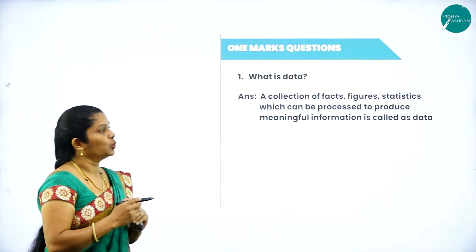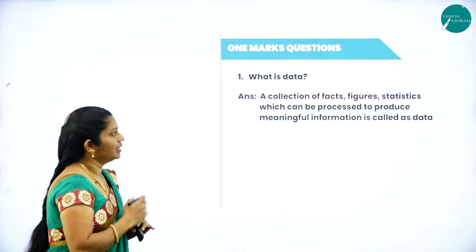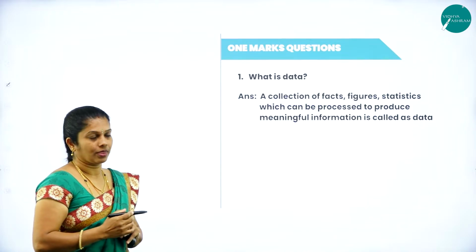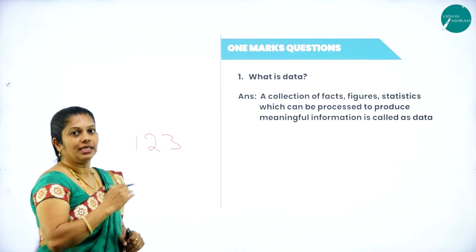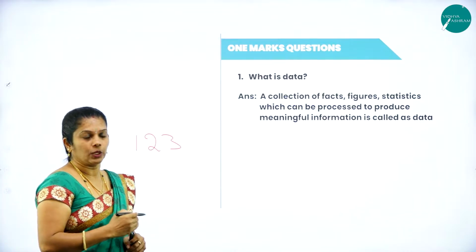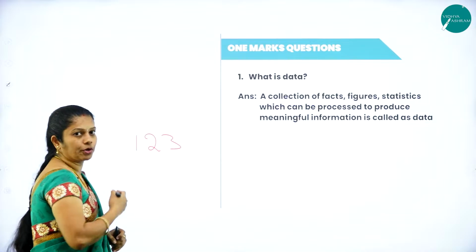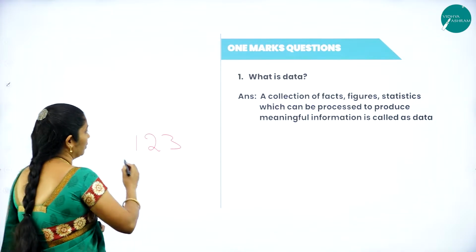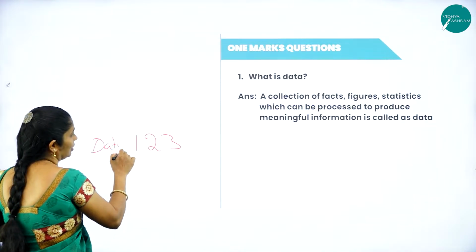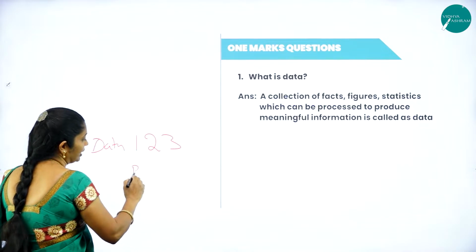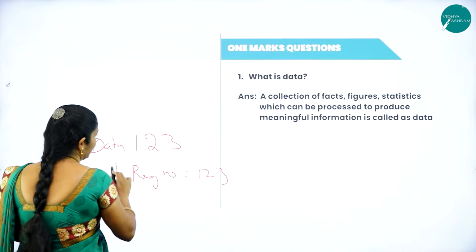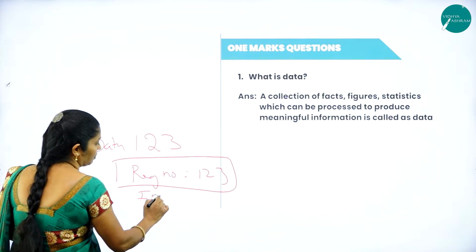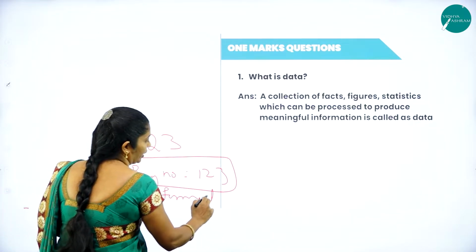First, we'll discuss 1 mark questions. Under that, what is data? For example, if I write 123, then it does not give a specific meaning, whether it's a register number, bus number, or phone number. Then it can be called data. If I write register number equals 123, then this can be called information.